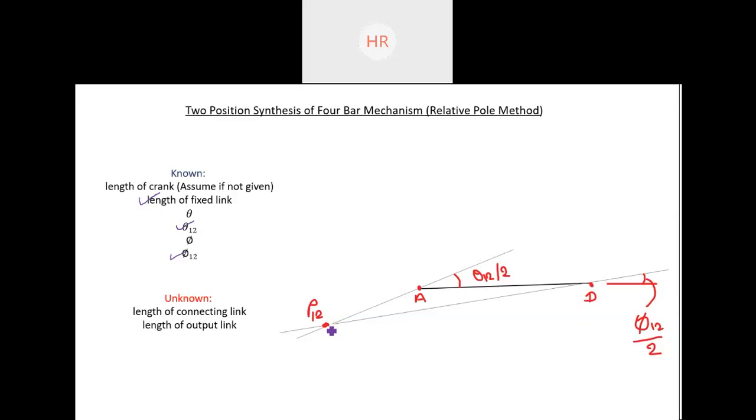So our next step is to measure the angle between these two lines.